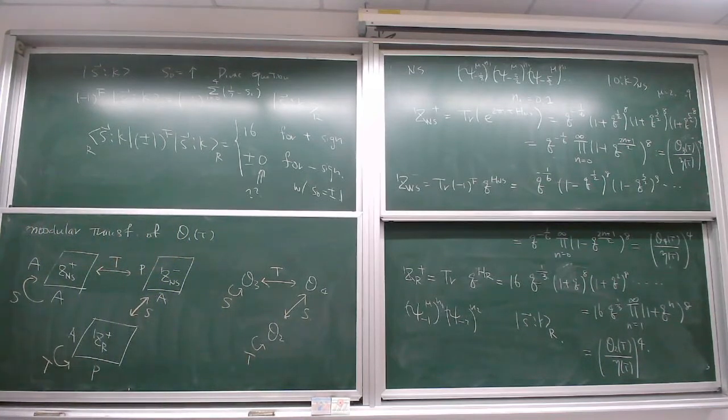And if you look at the appendix, no, next section, I give you a definition of the theta function and its transformation under the S and T transformation, and this is compatible with this physical consideration.